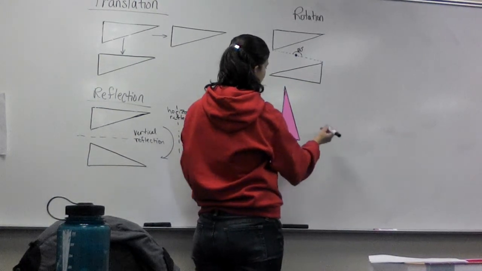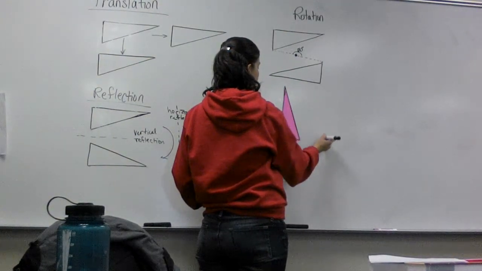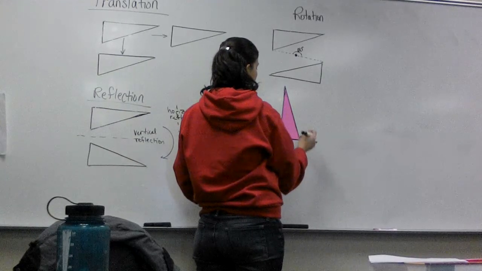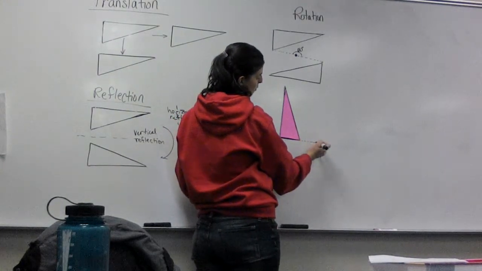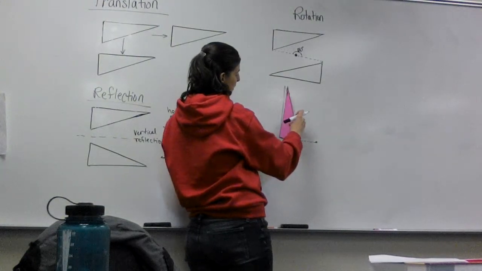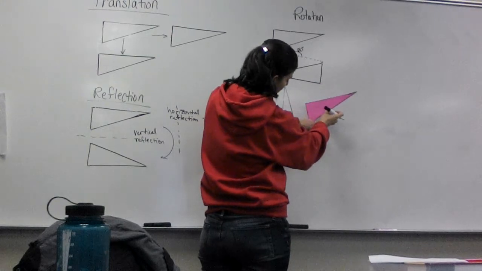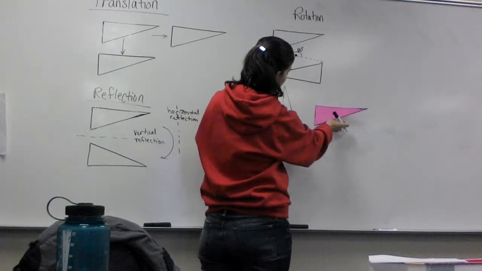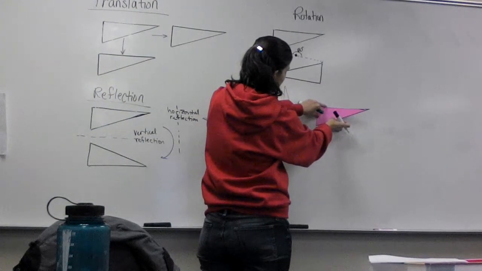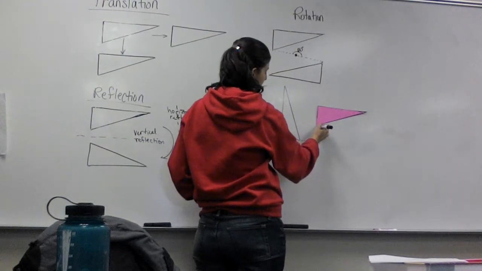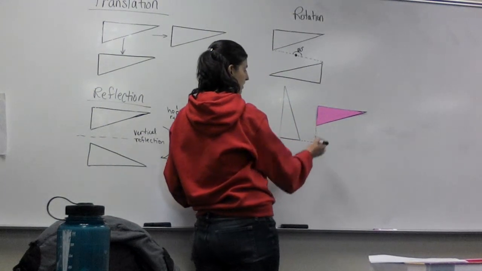And let's say that the point I'm rotating around is right down here. So there's a corner that attaches to my point of rotation. I need to spin 90 degrees around that point, keeping the height the same. All right, so it would be kind of like that.